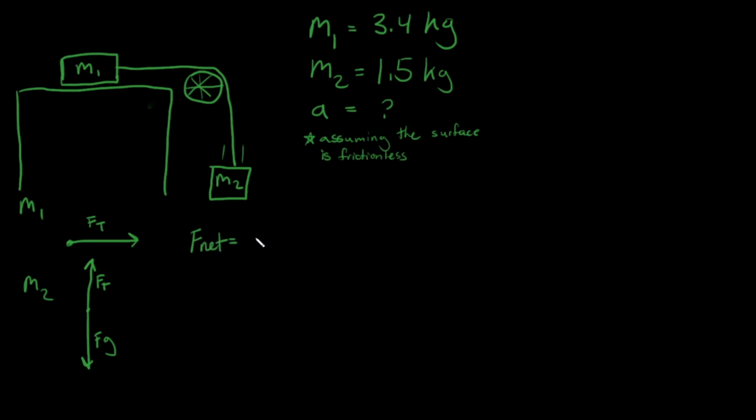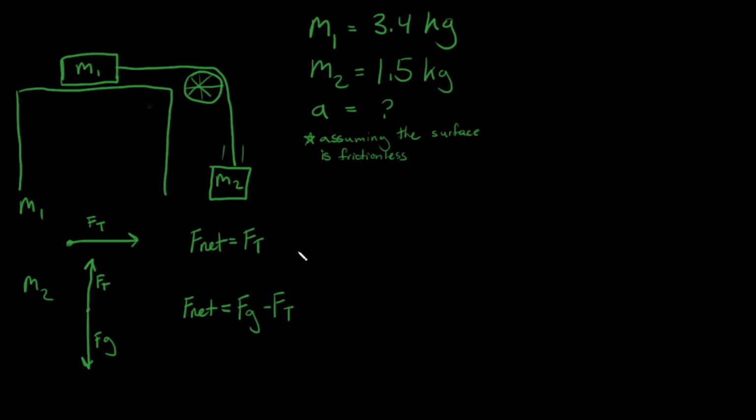Now, next to it, we can write that the F net for mass 1 is equal to Ft. And over here, we can write the F net for mass 2, and since we know it's heading downwards, we can say that Fg is greater than Ft. So we can say that F net is equal to force of gravity minus force of tension.